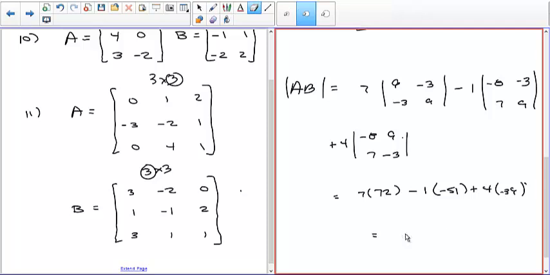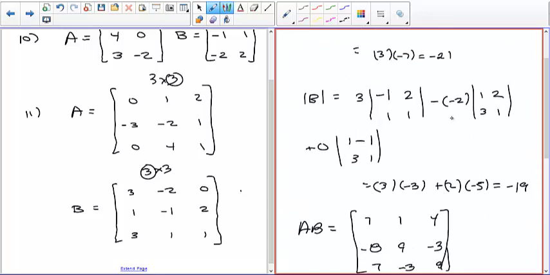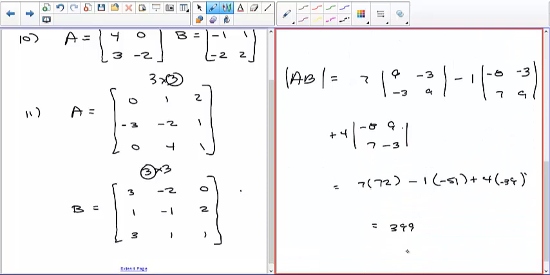So I have 7 times 72, then you get plus 51, and 399. And if we take negative 21 times negative 19, we get 399. How about that?